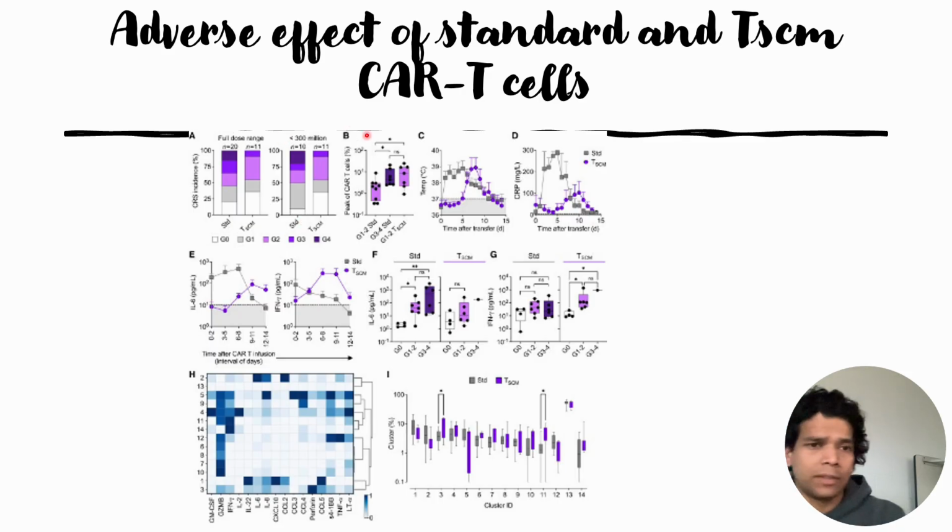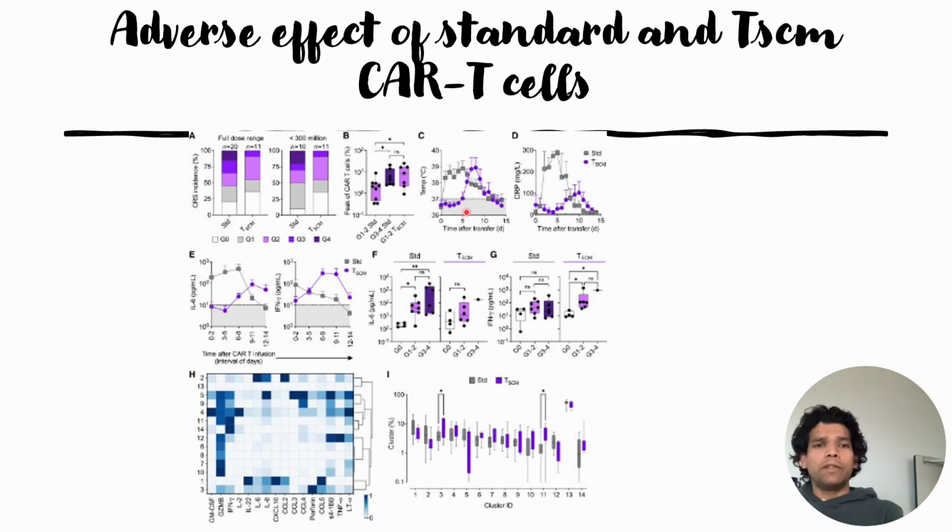Afterwards, their correlations with the peak of the CAR-T cells were analyzed, and they found that for the standard CAR-T cells, when the expansion reached its peak level, that correlated with grade 2 to grade 4 level of CRS effect. Whereas in the case of TCM based CAR-T cells, even at the peak stage, they see grade 1 and grade 2 CRS effect. So this indicates that the TCM based CAR-T cells have lower adverse effects.